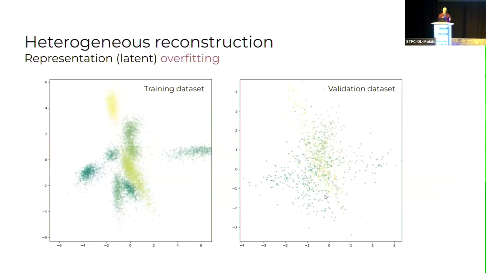But when we're using this kind of method, we also have to regularize. So in addition to the regularization of the reconstructed density, we're also reconstructing the representation of our data. So we need to think about regularization of the latent space as well.